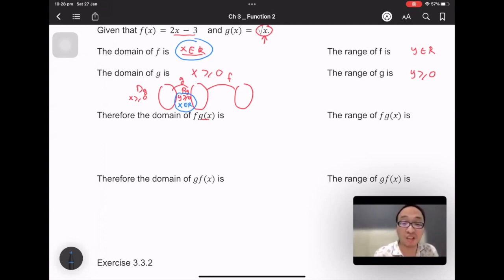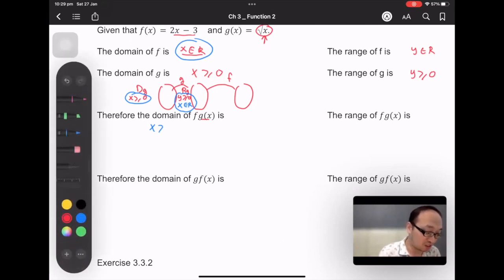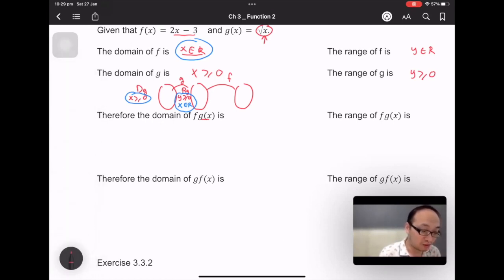So that means we can take the domain of g because all the g's results, the range of g, fit in the domain of f. So that means the domain of fg(x) will be x greater than or equal to 0, in red because this is the g, yeah?